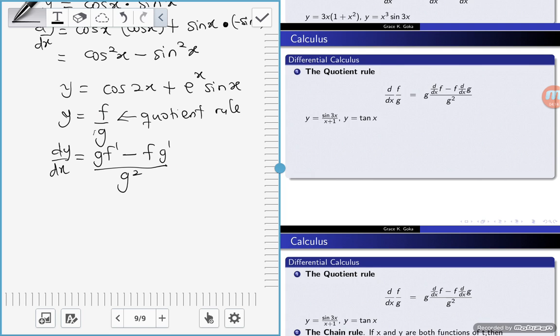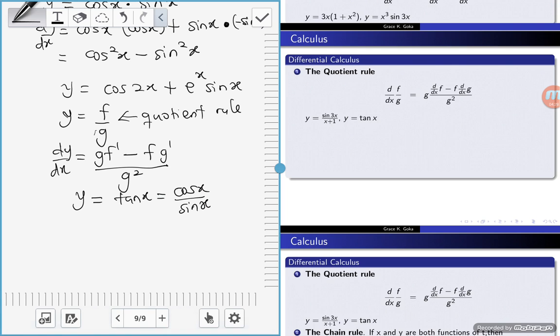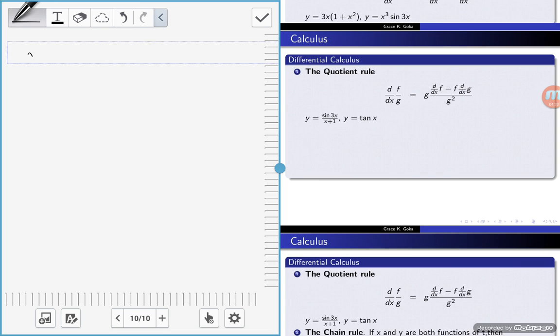Okay, so if y is equal to tan x, then tan x, we know under trigonometry, is equal to cos of x all over sine of x. Okay, so we want to differentiate y is equal to cos of x all over sine of x.